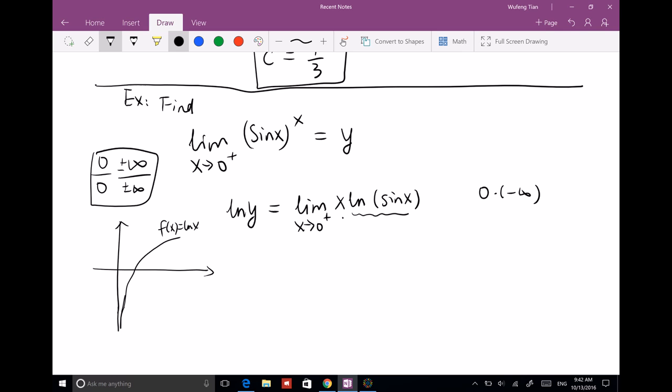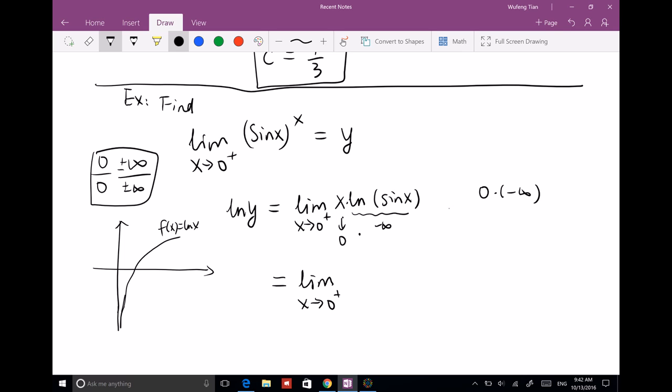We cannot use L'Hopital's rule. This is 0, this is negative infinity. So for the 0 times negative infinity form, we cannot use L'Hopital's rule directly. So now, can anyone tell me what you need to do here? Take the derivative?